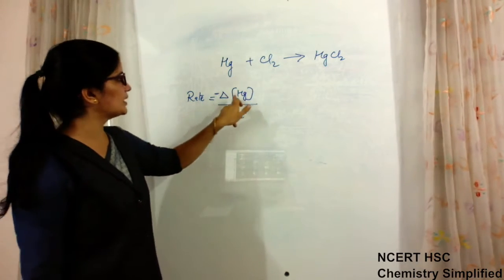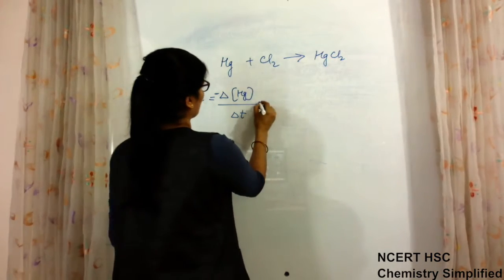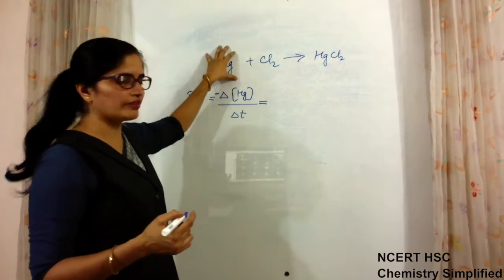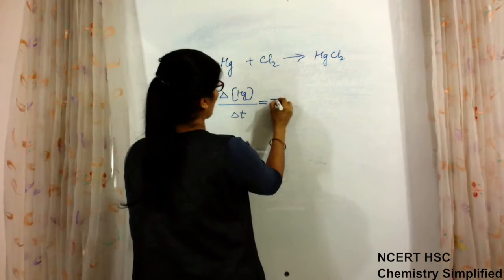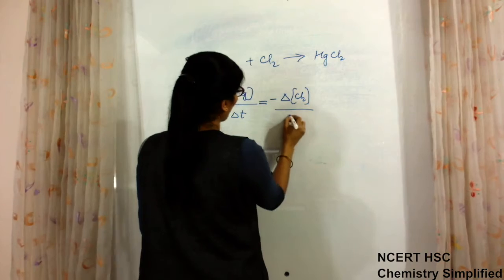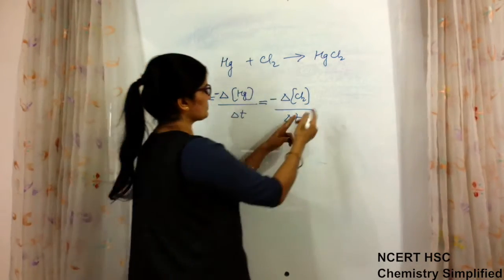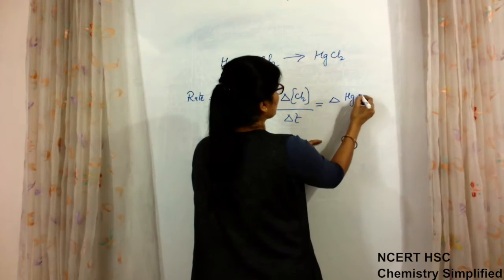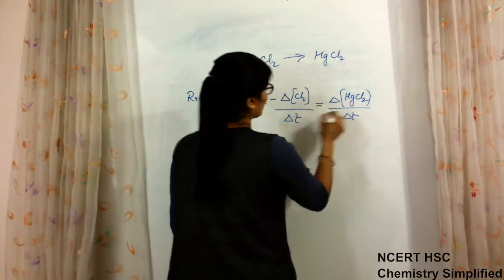So minus delta Hg upon delta T, or either I can express the rate in terms of Hg or in terms of chlorine, as I can write minus change in concentration of Cl2 upon delta T, change in time, or I can give the rate expression in the form of change in concentration of HgCl2 upon change in time.